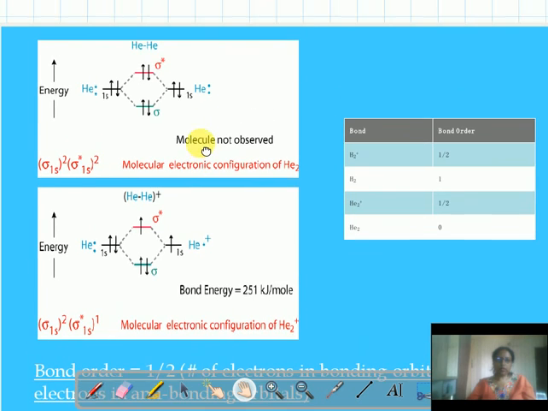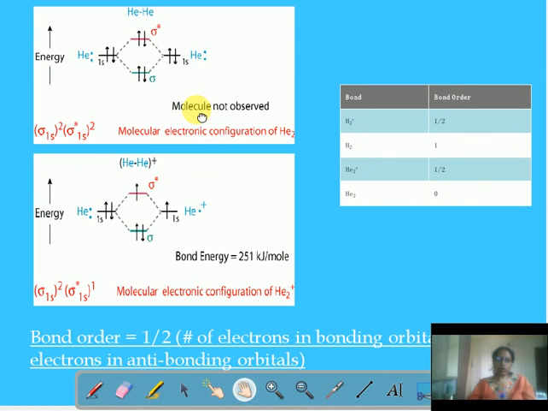Now let us look at the bond order of some simple molecules. In H2 plus, we have seen that only one electron is present in the bonding orbital. If you calculate the bond order, it will be half of the number of bonding electrons, which is 1, minus the number of electrons in the antibonding orbitals, which is 0.